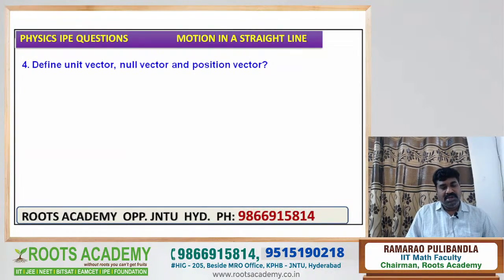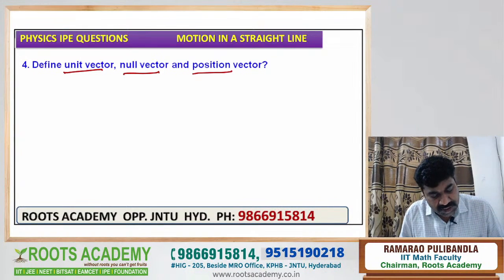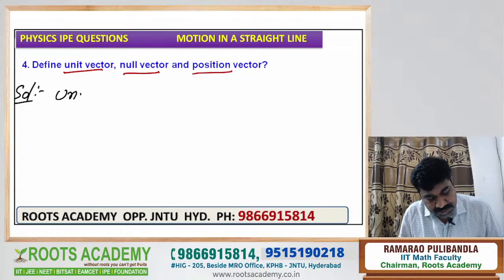Next question. Define unit vector, null vector and position vector. First we go for the unit vector. What is the unit vector?